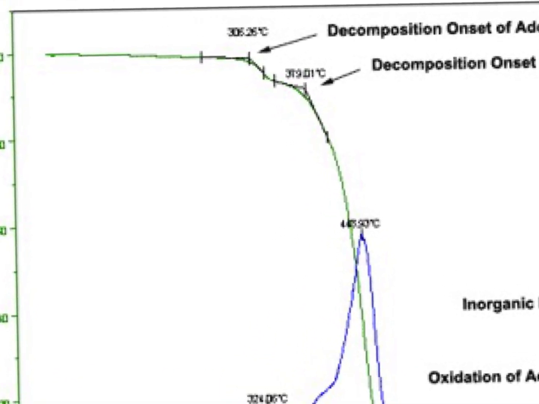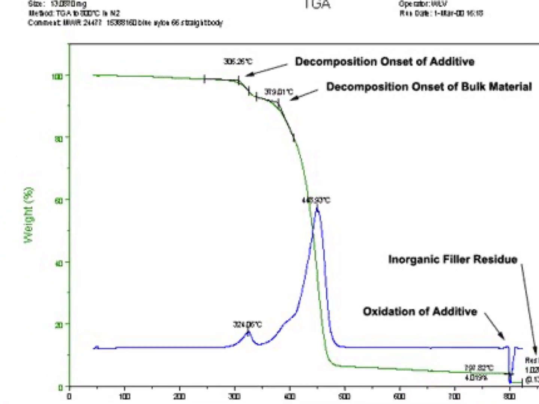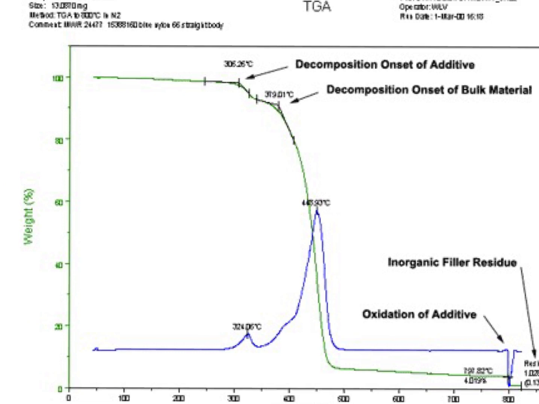That's 306 degrees centigrade. And we're looking at some type of polymer that, first off, can show us decomposition onset of an additive. So this can be like a plasticizer or maybe a lubricant, something that's present but not in great quantities. And so that evaporates first out of the system.